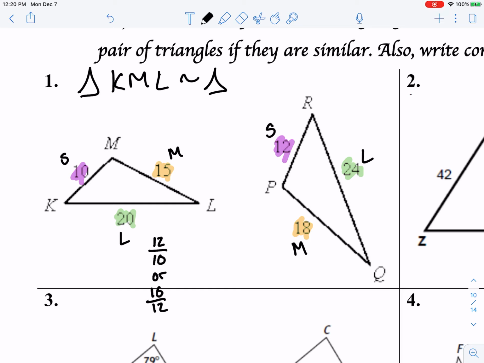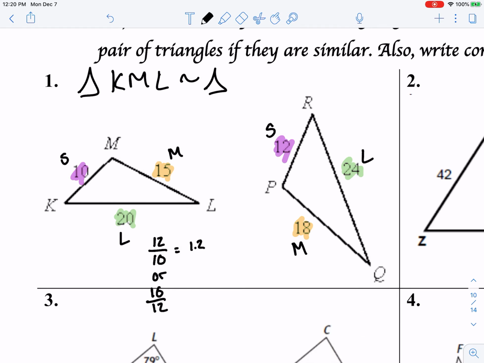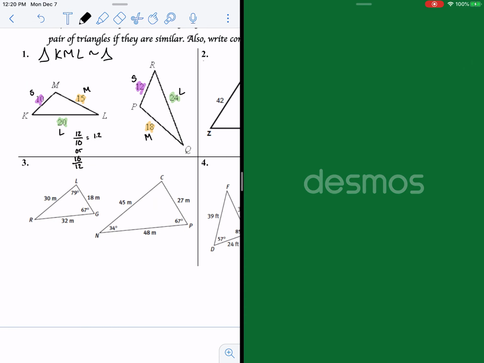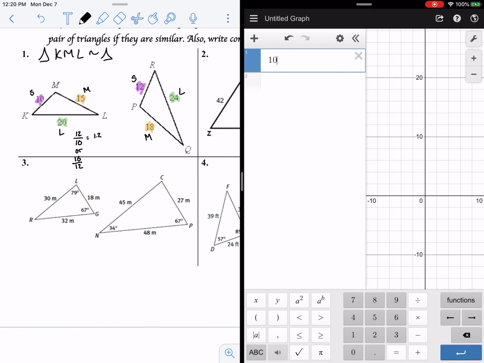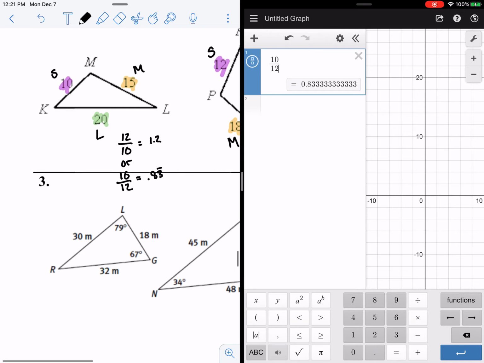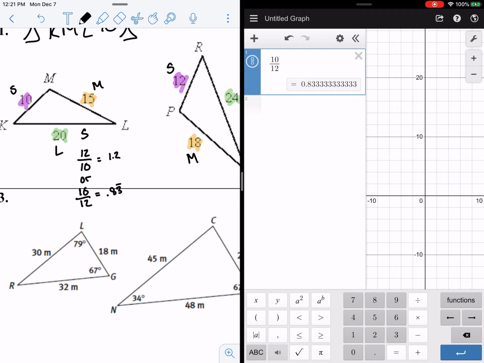So 12 to 10 is equal to 1.2. 10 to 12 is 0.83 repeating. Decimals are extremely important here. Okay, so these were our small proportions.